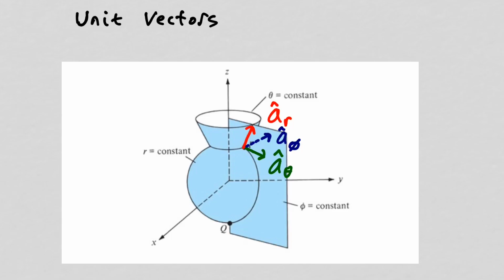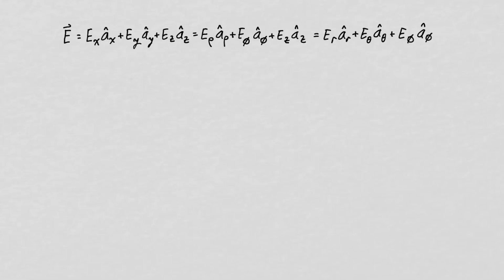So the unit vector in the r direction crossed with the unit vector in the theta direction will give us the unit vector in the phi direction. We can represent a vector at a point in space as components in the Cartesian coordinate system, or its components in the cylindrical coordinate system, or its components in the spherical coordinate system.